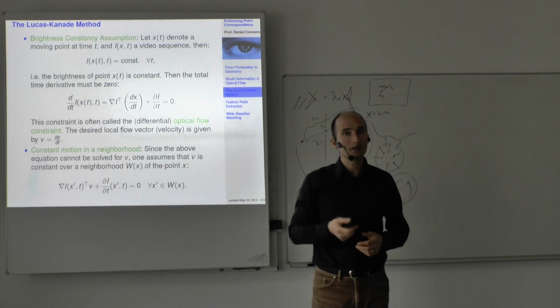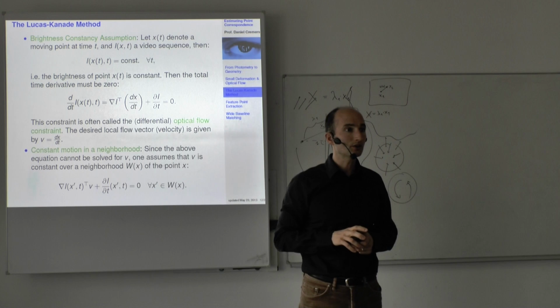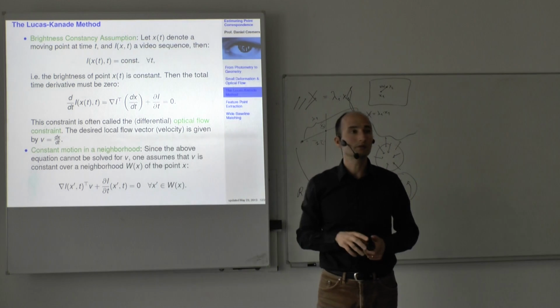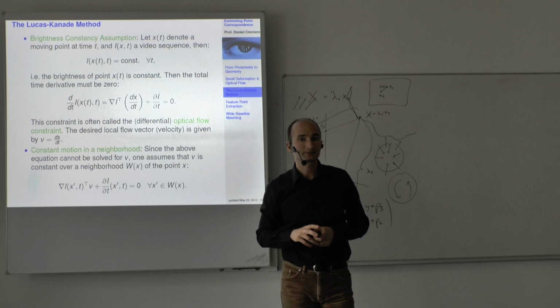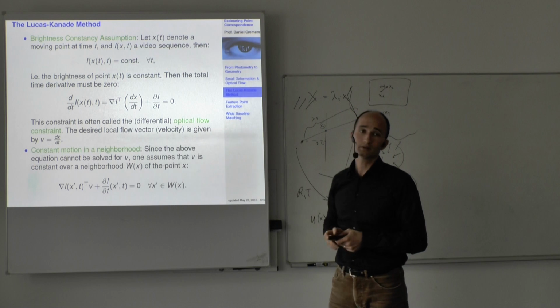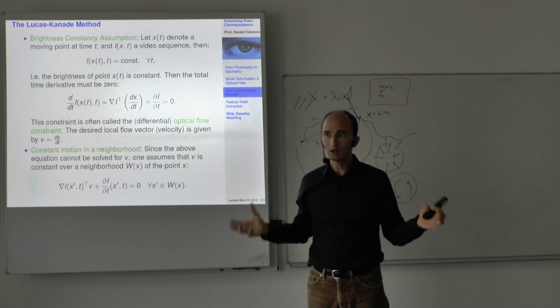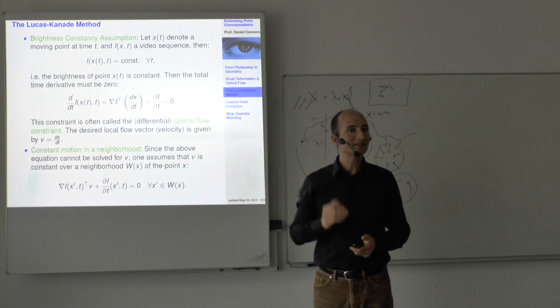So even the same point will not be constant in time. Even worse, there's a lot of cameras where the camera does an automatic gain control. You've seen it in the old YouTube videos that the brightness changes. And so the brightness constancy is not actually fulfilled. Even if the world has constant brightness and you have a consumer camera, the brightness oscillates.